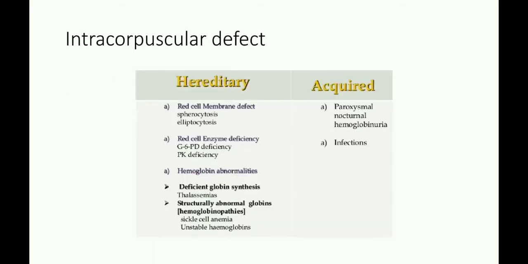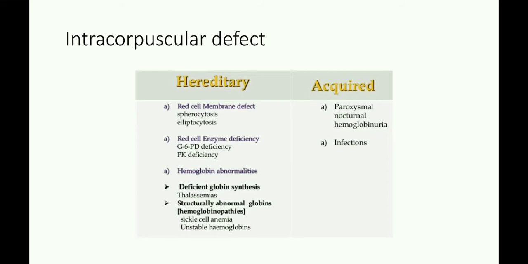Hemolytic anemia can be due to intracorpuscular defects or extracorpuscular defects. Intracorpuscular defects are defects within the RBC, and they can be hereditary or acquired.